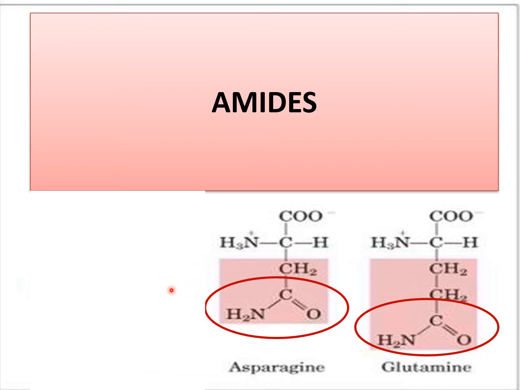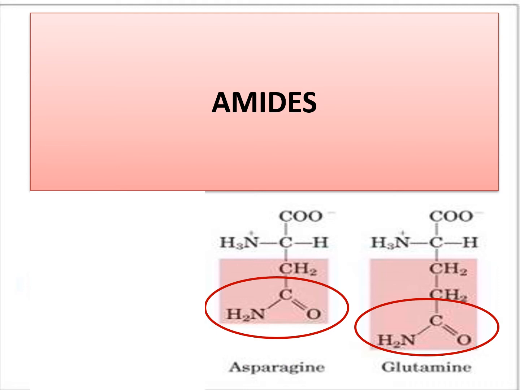Now we have an example of amide groups found in the side chain of a specific amino acid. Remember in the previous slide, I've mentioned that amides can be formed when two amino acids are reacted to each other. However, amides can also be found solely in the side chains of some amino acids. For example, in the side chain of asparagine and glutamine, you have their amide groups.